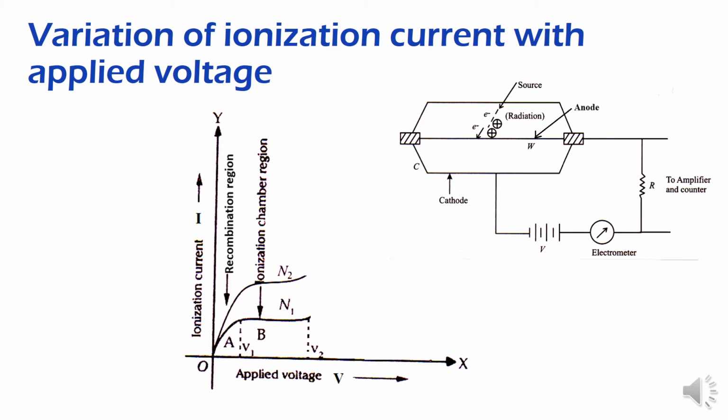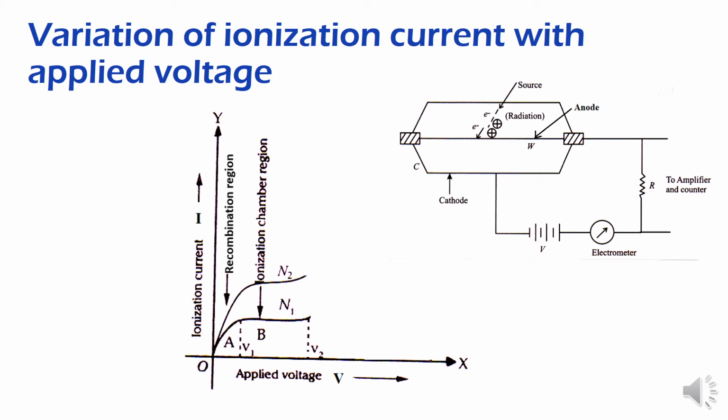Let us further increase the voltage from V1. When the voltage is greater than V1, you know that the positive potential at the anode is sufficient to attract all the electrons which are produced during primary ionization.